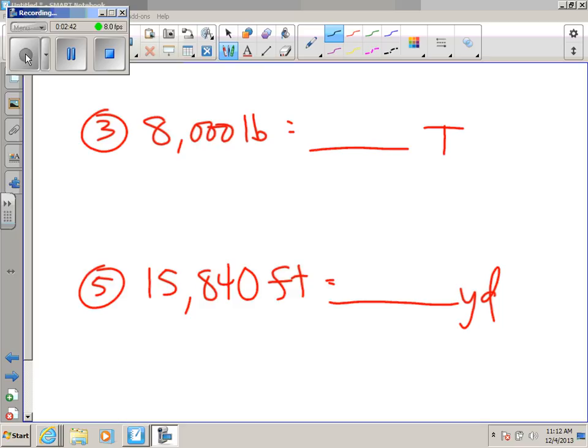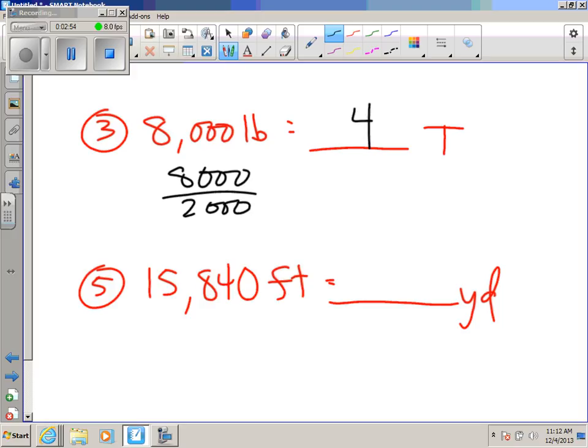Up or down our staircase, which means division. So how many pounds are in a ton? There we go. So 8,000 divided by 2,000 is 4. We don't want to times it. You want to divide it.